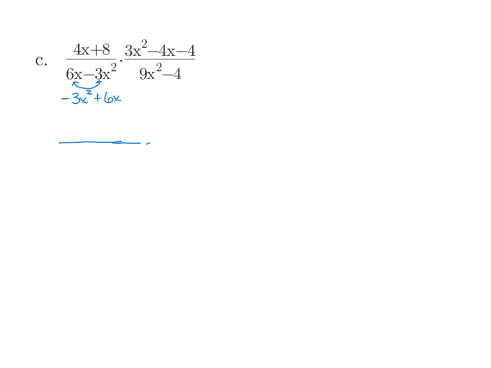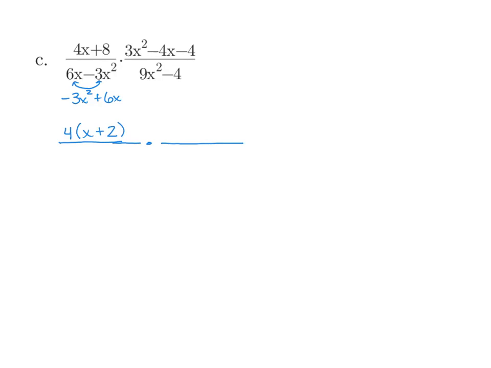For me, when I look at this, the first things that I always look for are greatest common factors. If we look at the left side, on top, I do have a greatest common factor of 4. If we factor out a 4, 4x divided by 4 is x, 8 divided by 4 is 2.